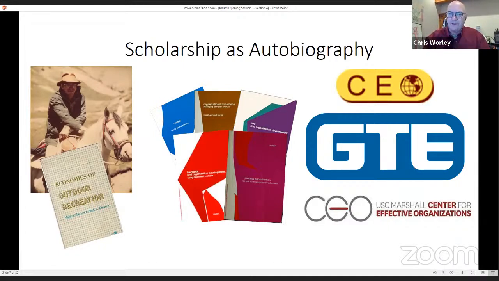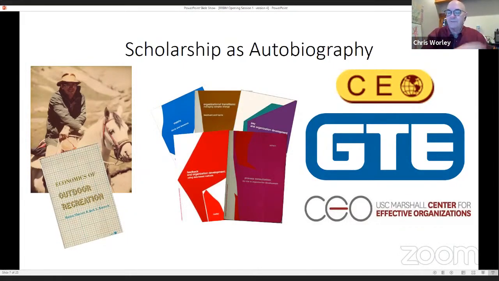It was when I was working for the Forest Service that I got introduced to this whole idea of organization development. The book covers there in the center are several covers from the original Addison Wesley series in organization development. And I just became fascinated with this whole notion of, how do we change things?